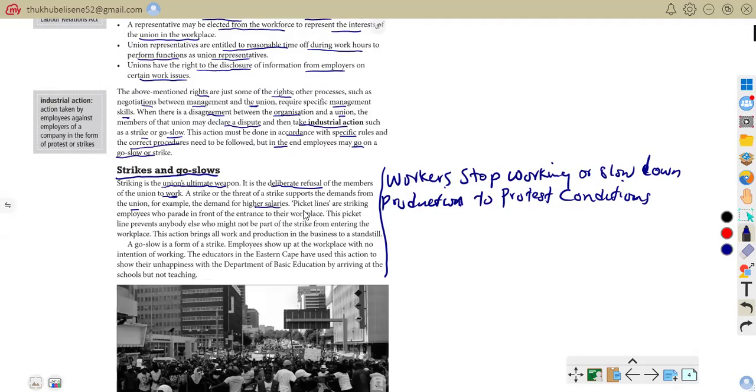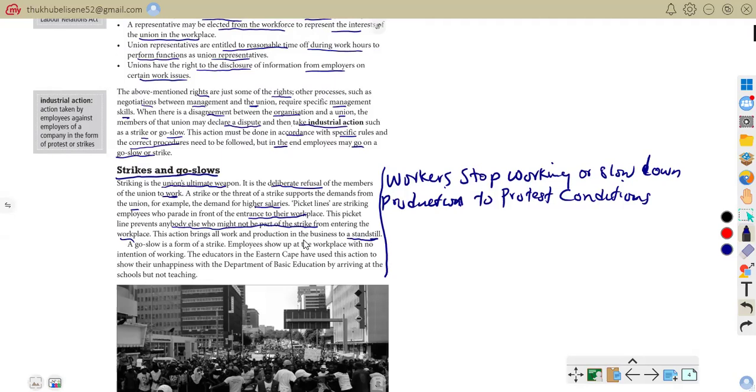The picket lines are the strikers who parade in front of the entrance of the workplace. This picket line prevents anyone else who might want to work from entering the workplace, so they stop everyone from entering. This action brings all workers and production to a standstill.